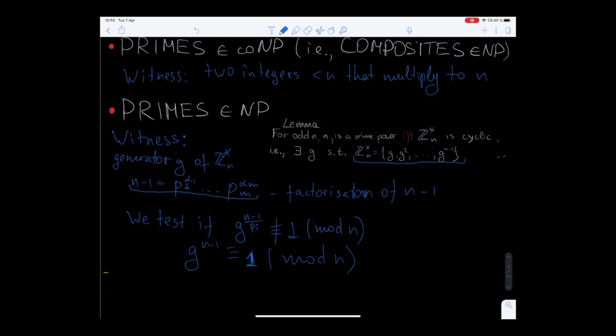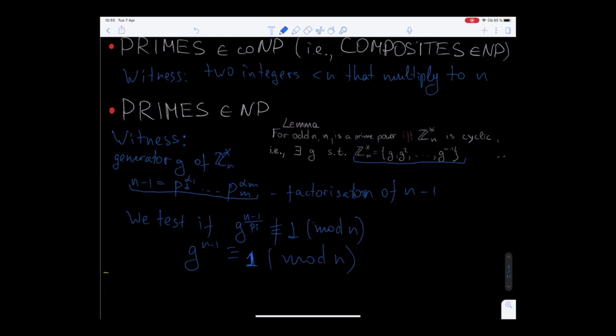So to check that this is a generator, we verify that G to the n-1 is 1 mod n, and then you don't need to check the powers. Yes, but I think it's good to assume that the number is not a power, and this is no loss of generality because this is easy.